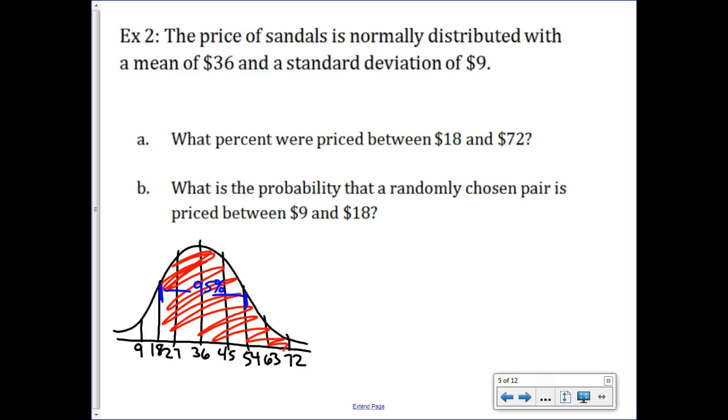And then we also want to know all the way up to 72, so then that was 0.0235 or 2.35%, and then 0.15%. So I would do 95 plus 2.35 plus 0.15, and I would get 97.5%.